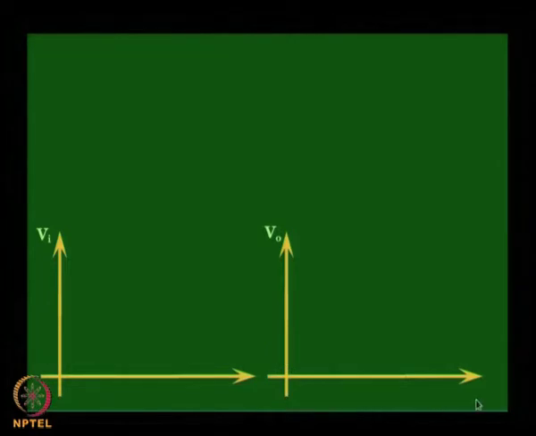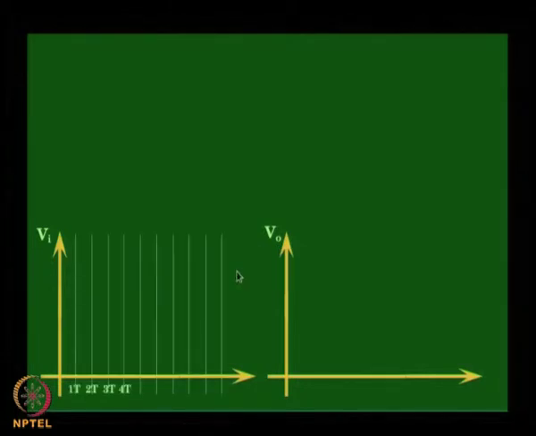Now, let us see what happens taking into account the reflections. Let us say we want to see a graph versus time of Vi, the source side of the transmission line, and another graph here versus time of the output side V naught.